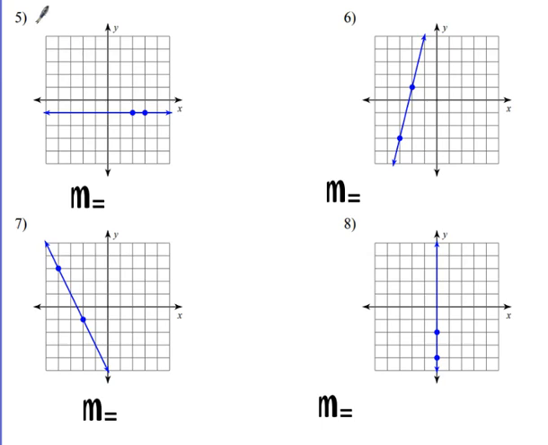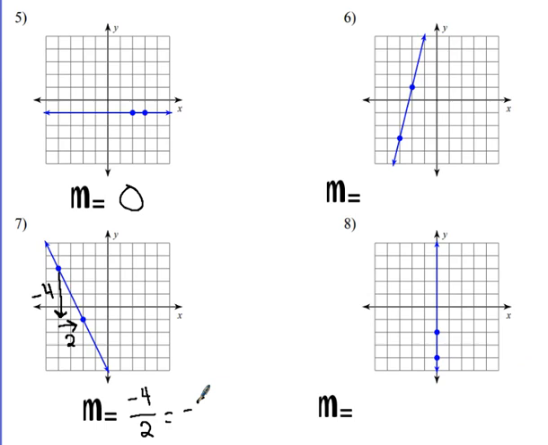So in this first question, you'll see that it's a horizontal line. So this has 0 slope. Or you could just say 0. This line here goes down 4, moves 2, so negative 4 over 2.